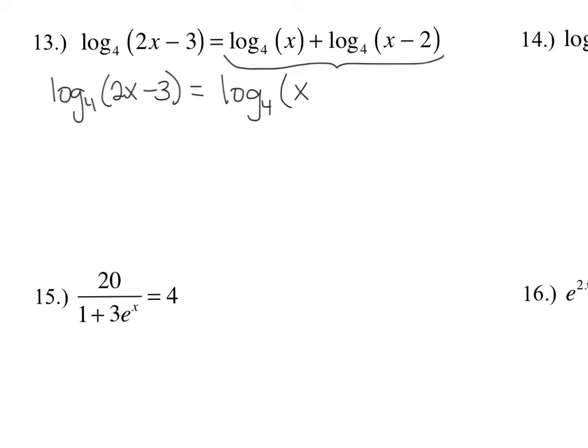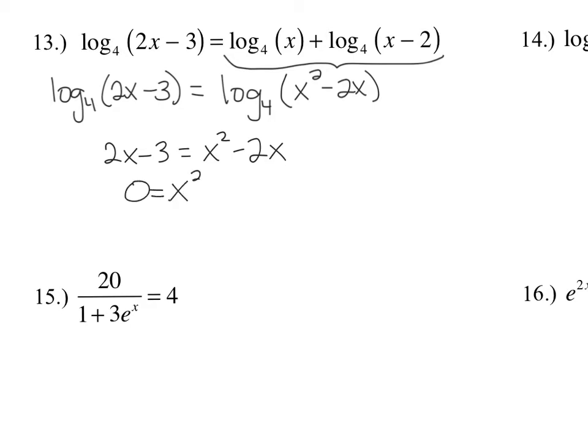X times x minus 2 is x squared minus 2x. Now that allows us to use that property where we have a log base 4 equals a log base 4. You can set both of these equal to each other. So we have 2x minus 3 is equal to x squared minus 2x. Here we have a quadratic, so we have to solve the quadratic by setting it equal to 0.